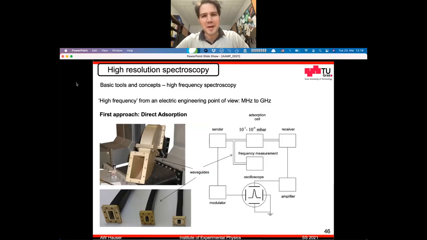We're speaking of high frequency spectroscopy, which is actually a term stemming from the electric engineering point of view, because if you compare this to the frequencies that we've been working with in infrared spectroscopy or in electronic excitation in the UV and visible range, this would be in a terahertz regime, and now we're actually in a much lower frequency regime between megahertz and gigahertz. But from the electric engineering point of view, this is considered high frequencies.